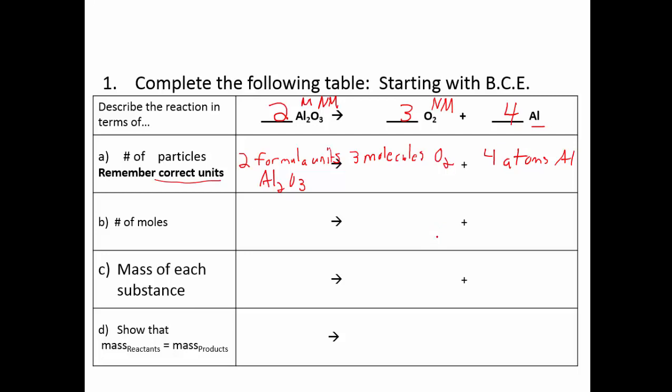From here, moving down, number of moles, we just have 2, number in front, moles of our substance, 3 moles of our substance, and finally 4 moles of our substance.